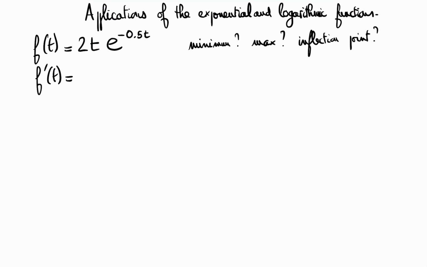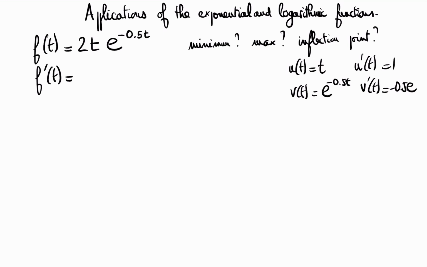Well, we are going to use the product rule, so u of t is t, so u prime of t would be 1, and v of t would be e to the minus 0.5t, so therefore v prime of t would be minus 0.5 e to the minus 0.5t.